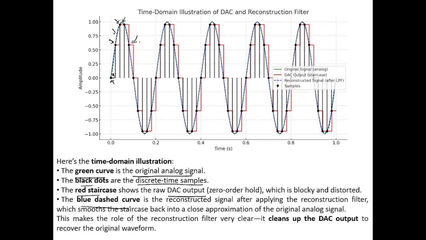You can see the blue dashed curve is nearly overlapping with the original. So this gives you all the output starting from the analog signal, then how the amplitude samples look, then after the conversion into the analog domain how the signal looks, and after the reconstruction how the signal looks.